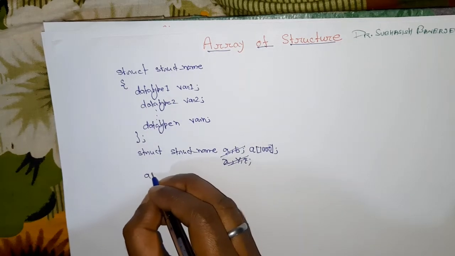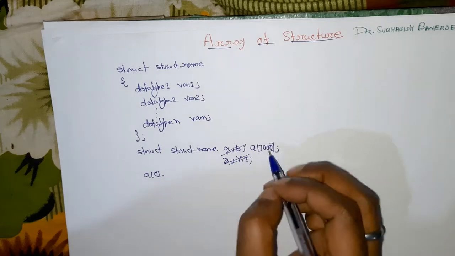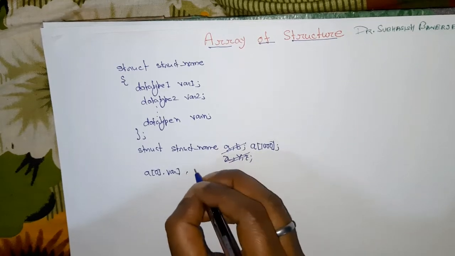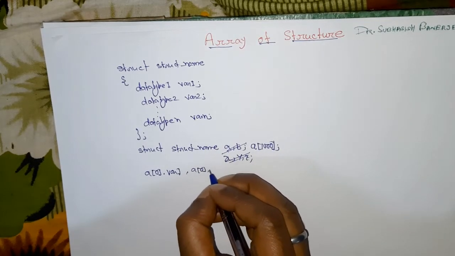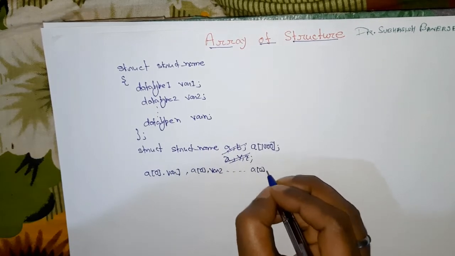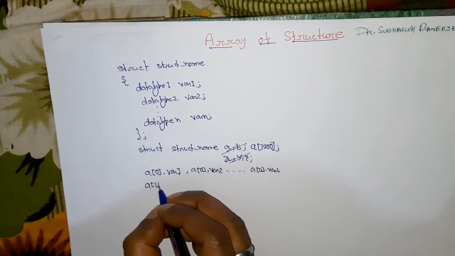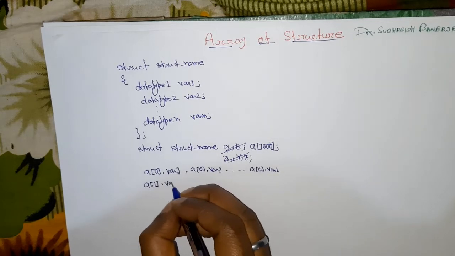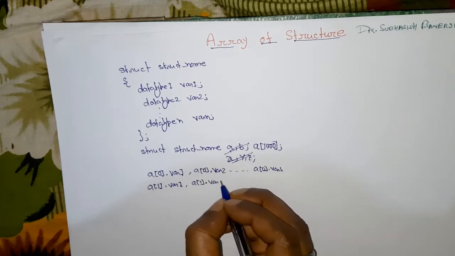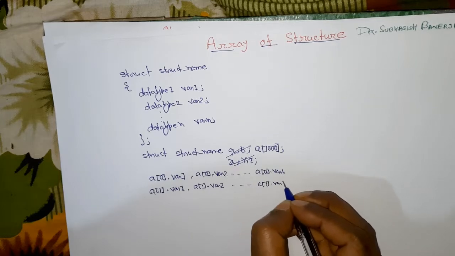And how can we store the record? Suppose we want to store the record about the first entity: A0 dot variable 1, similarly A0 dot variable 2, and so on, A0 dot variable n. Similarly, for storing the record about the second entity, A1 dot variable 1, A1 dot variable 2, A1 dot variable n.